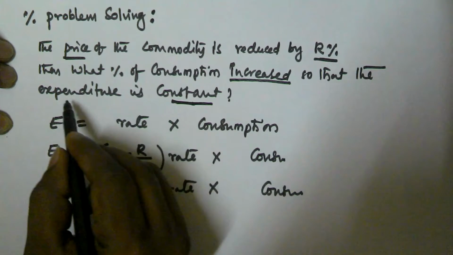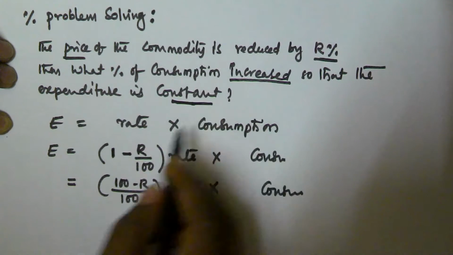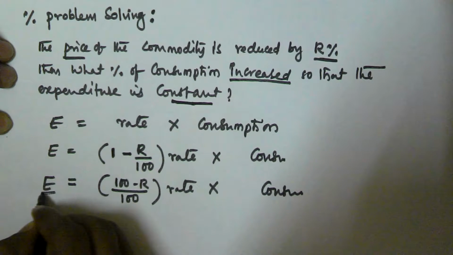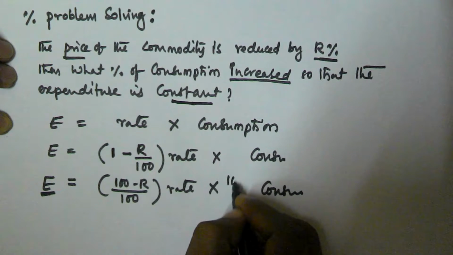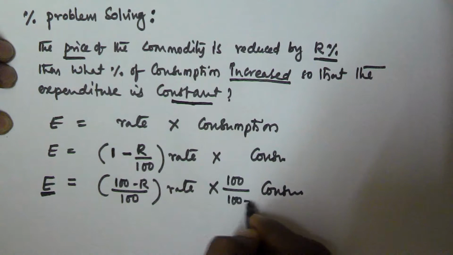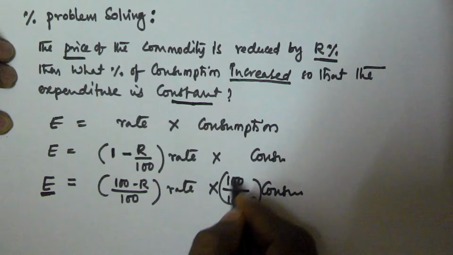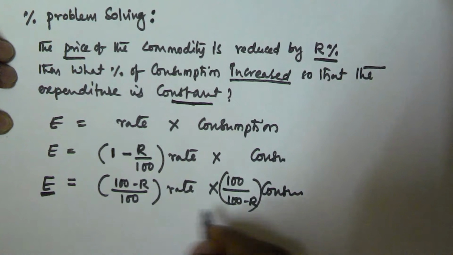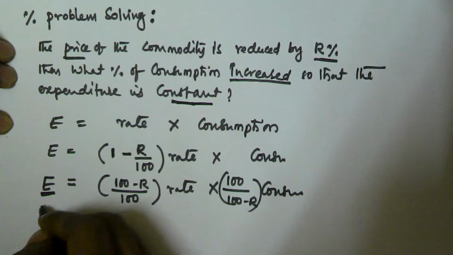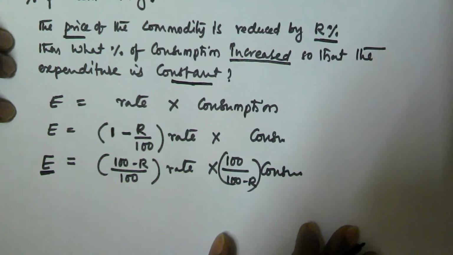But here the expenditure is going to be constant. So to keep expenditure constant, we have to multiply consumption by 100 by (100 minus R). Then 100 will cancel, and 100 minus R with 100 minus R will cancel. Then expenditure is going to be constant.